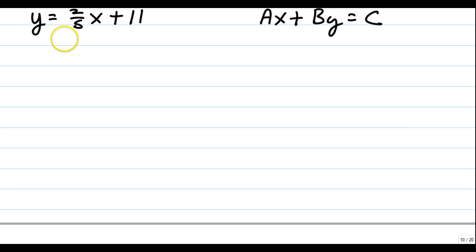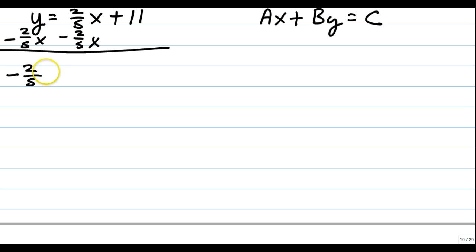I can do that by subtracting it off both sides. So minus 2/5 x minus 2/5 x. So when I rewrite down here, I have a negative 2/5 x plus y equals, now my 2/5 on this side is cleared, it's been eliminated, equals 11.